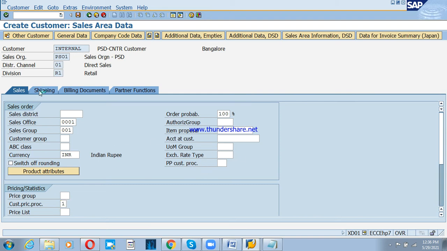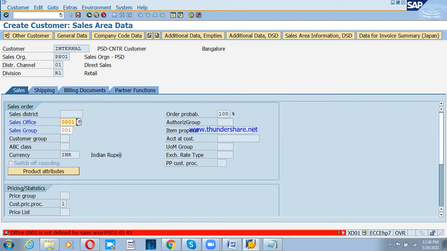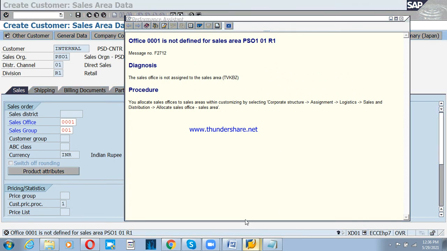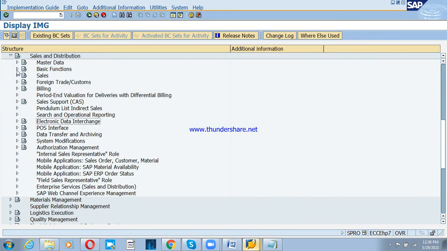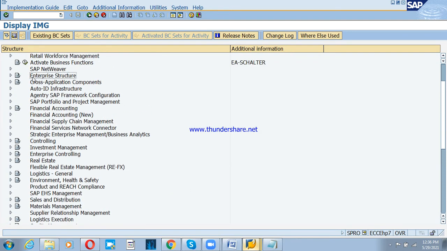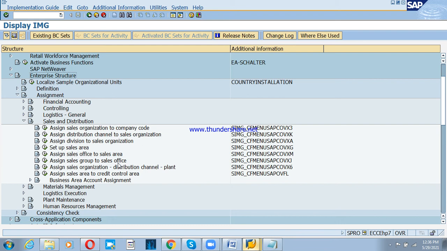I'll go to shipping. Okay, we are getting an error like this, that sales office 1001 is not defined to the sales area. Okay, so I'll go to the enterprise structure again. Okay, what is it saying?